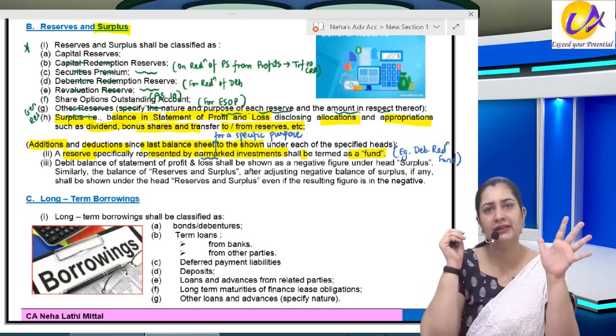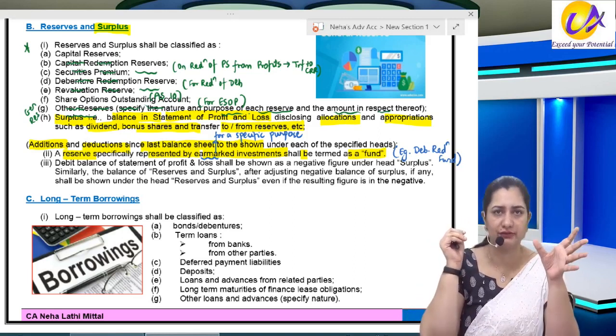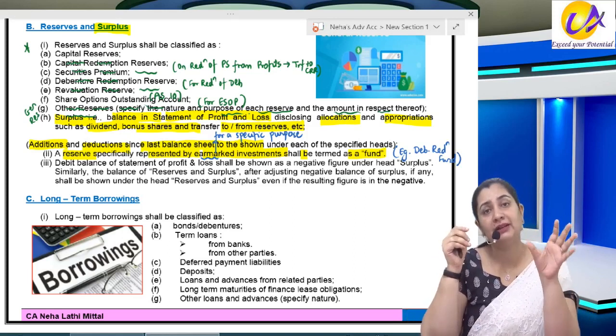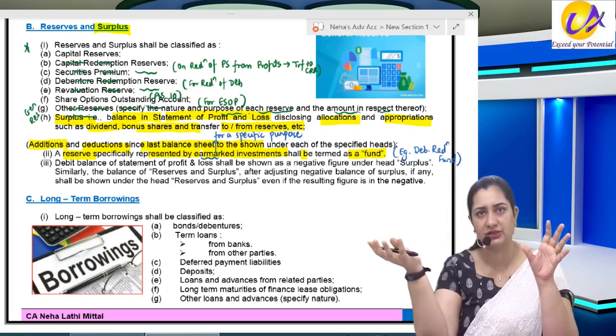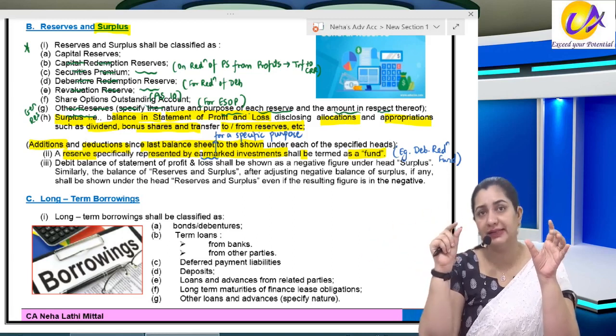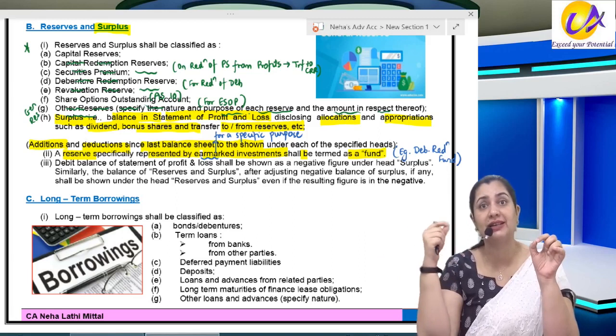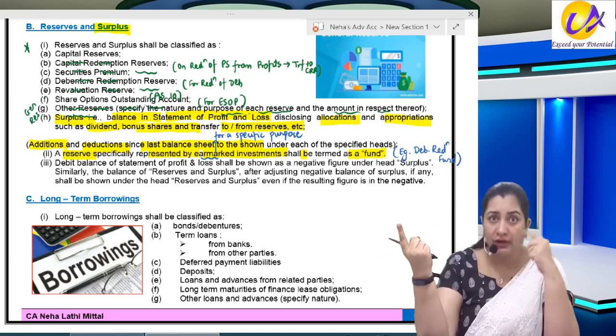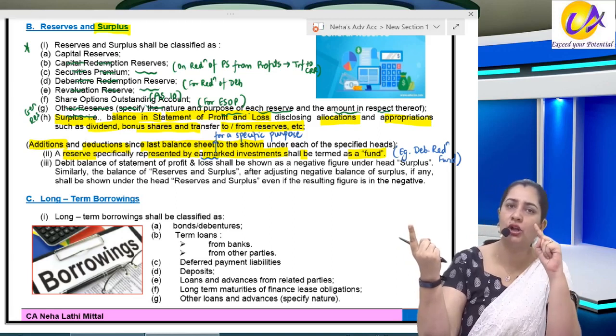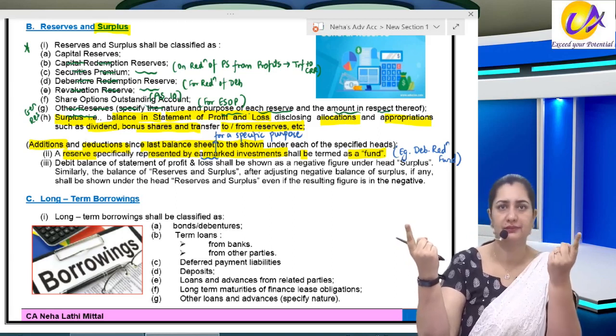If you have only a reserve, you call it debenture redemption reserve. But if you have debenture redemption investments, for redeeming the debentures, we call it DRI, that is debenture redemption investments. So if you have investments for redeeming debentures, then you will call this debenture redemption fund.